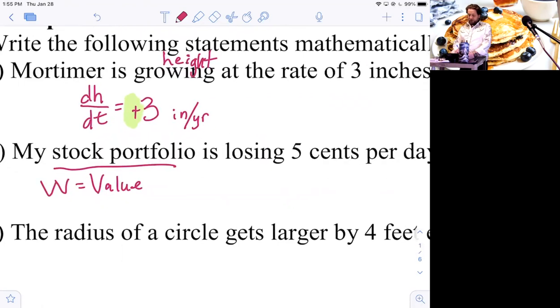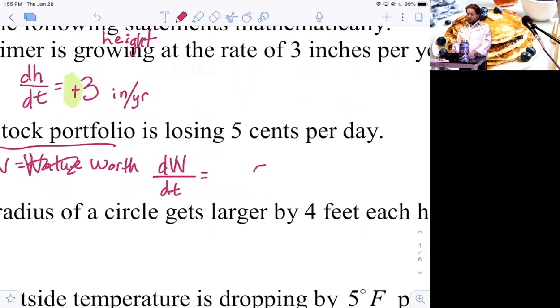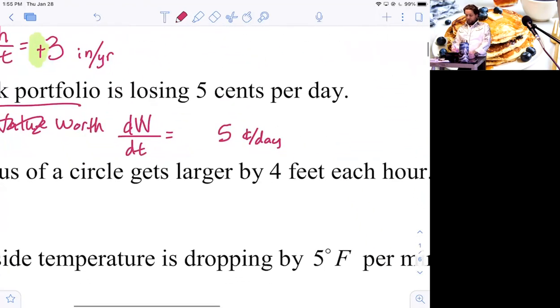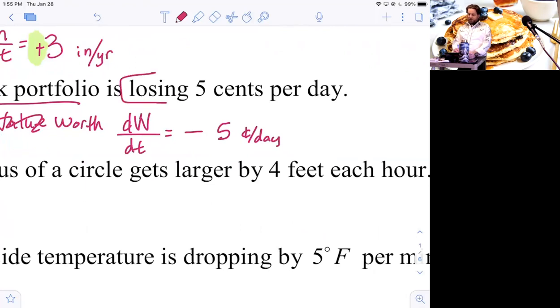I'll use W, for worth. So I'm going to call the rate of change of the worth dW/dt. And then 5 cents per day, I'll just measure it in cents per day. And then what sign am I going to ascribe to it? Negative. Good. So my worth is decreasing because it says losing.